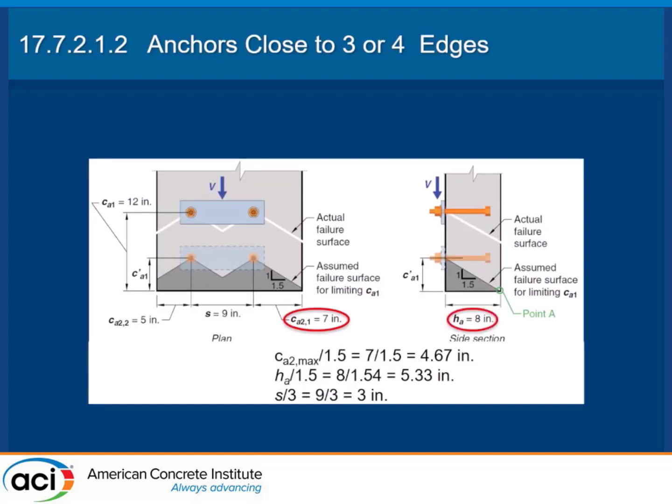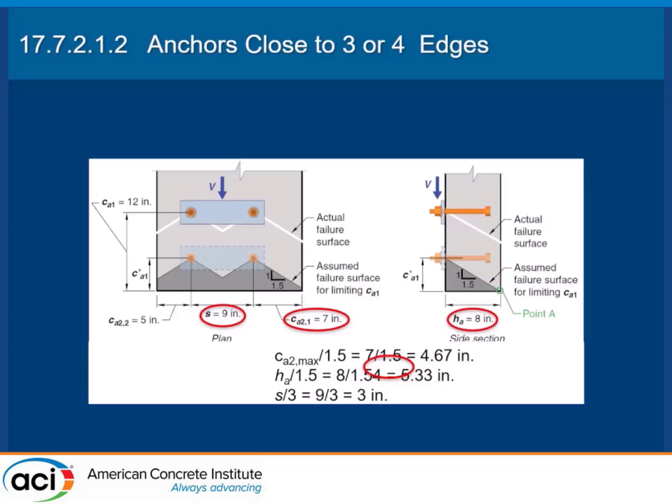You take the greatest of three different things that you're looking at, and instead of being 12 inches to use for my calculations, I would have to use 5.33 inches due to the spacings, the thickness of the panel in this case, and edge distances.